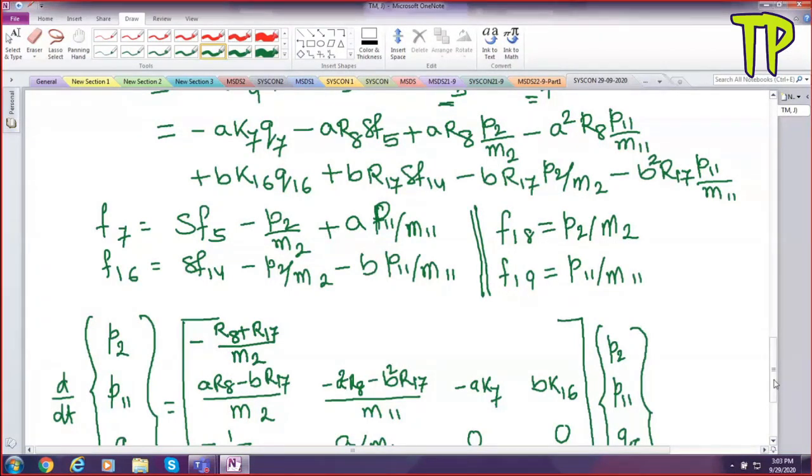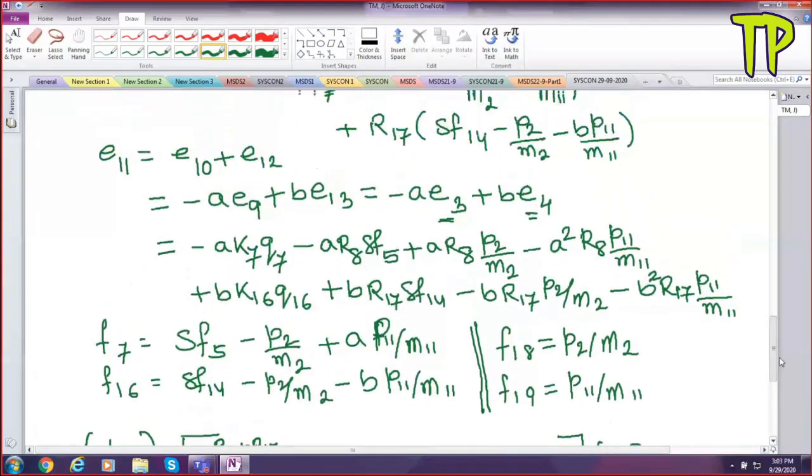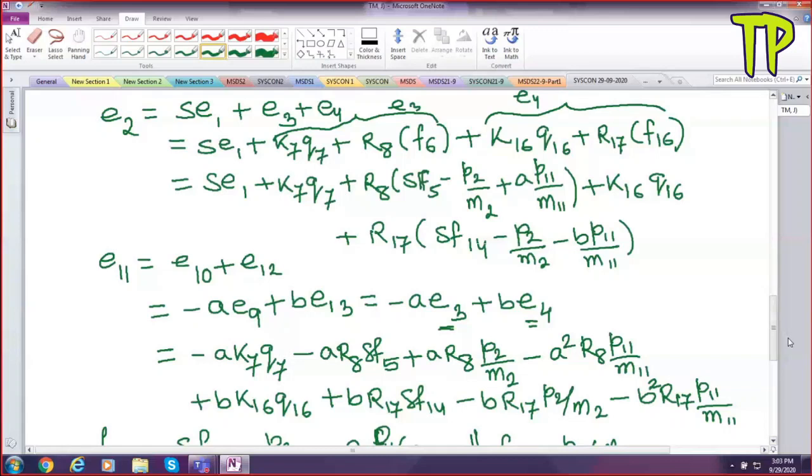So after this first row, first column, we again go back to the equation and find out terms associated with E11. So we have AR8 by M11 minus BR17 by M11. So AR8 minus BR17 by M11.